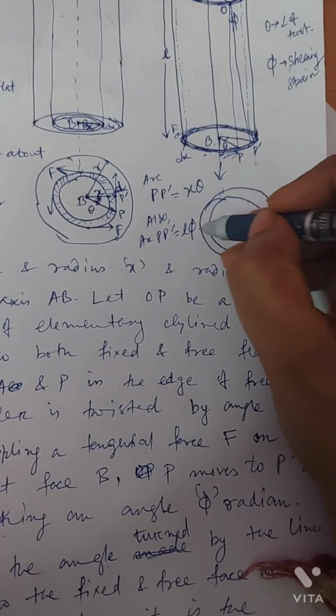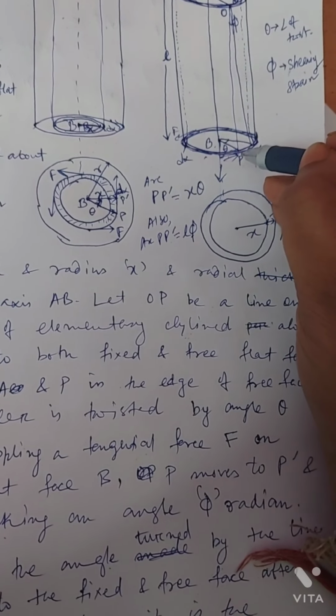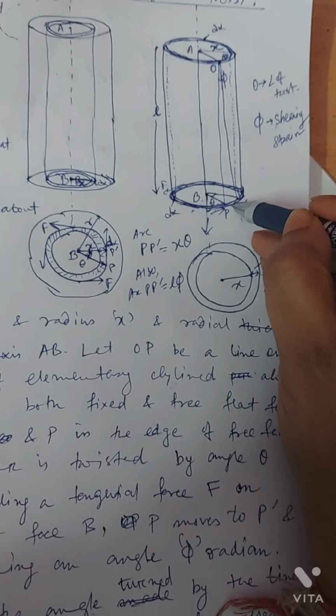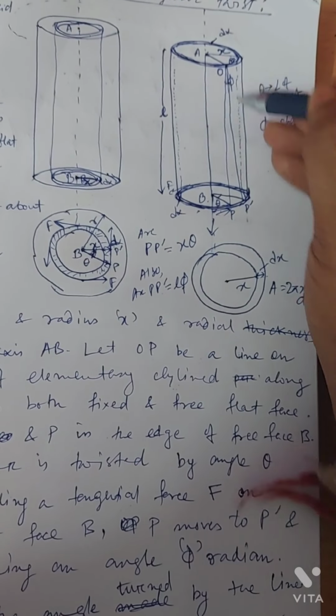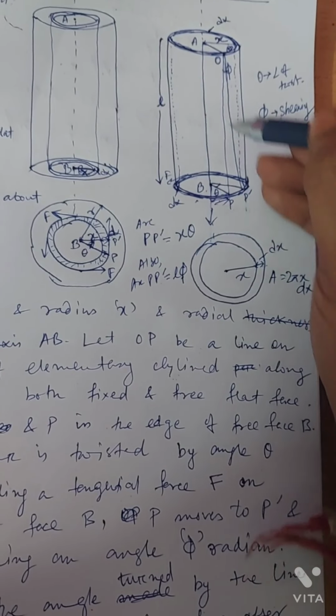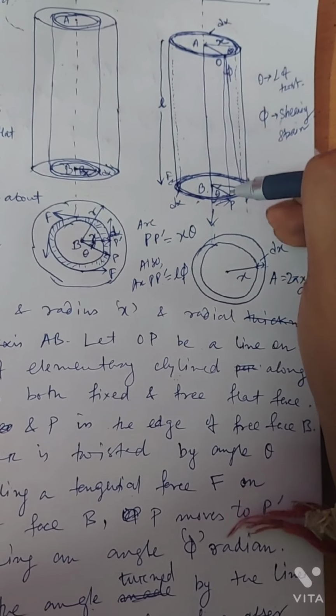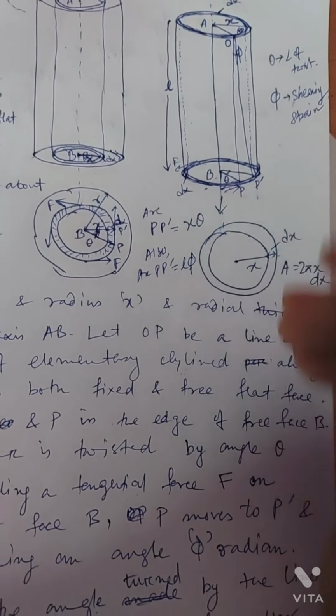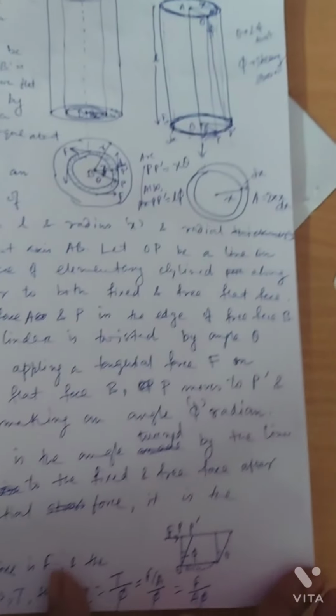How? This PP dash is the same arc, and arc is equal to angle into radius. Fine.